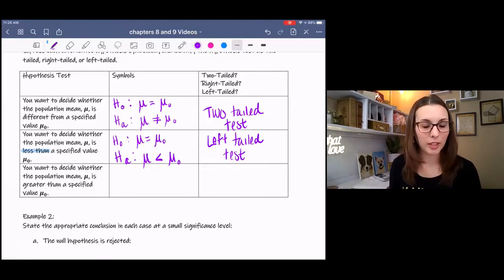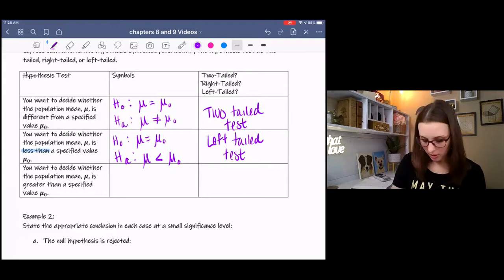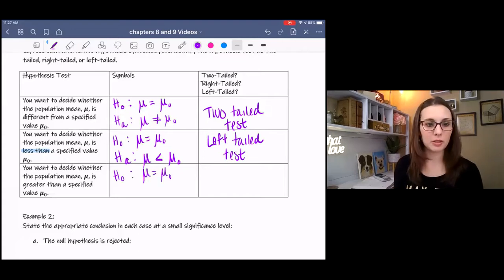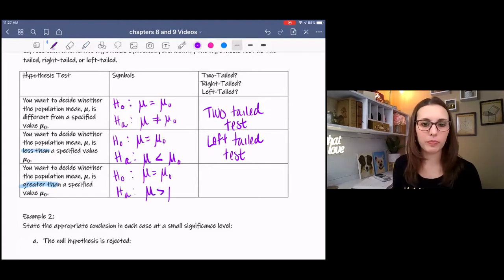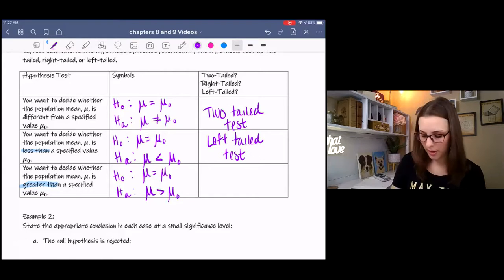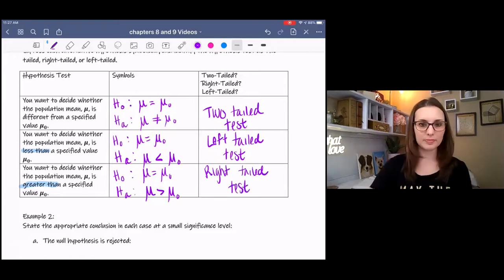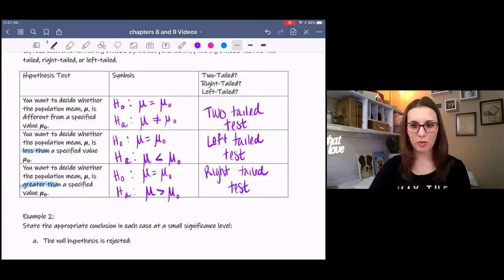And then the last one, our null hypothesis is the equal sign always, and then this one is greater than, which would be a right-tailed test. Not too shabby, right?